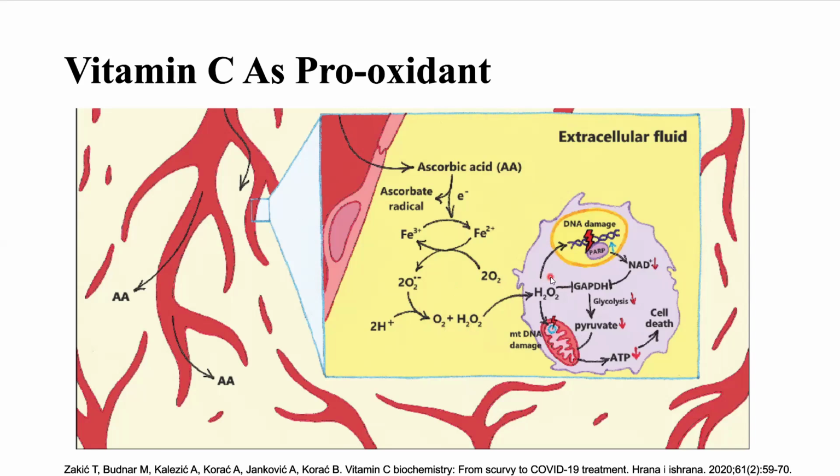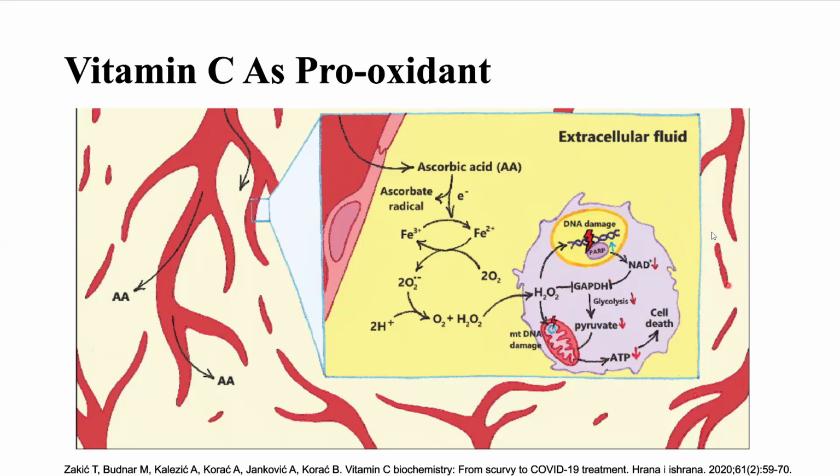And this hydrogen peroxide is very permeable to the cell, and it can go into the cell and cause damage over there. It can cause DNA damage. It can cause mitochondrial DNA damage, and it can also cause a decrease in energy indirectly, and then ultimately everything in the cell will go down and cause cell death.